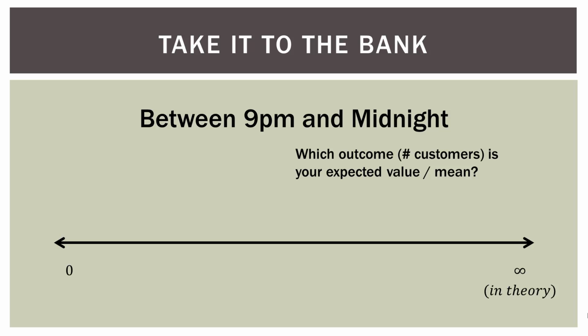Now, in practice, is that going to happen? Well, no. But that is a characteristic of the Poisson distribution, that the upper end of outcomes is theoretically infinite. And that's one of the things that makes it different from the binomial. So we could have 0 all the way up to infinitely many arrive at the ATM during any 10-minute interval.